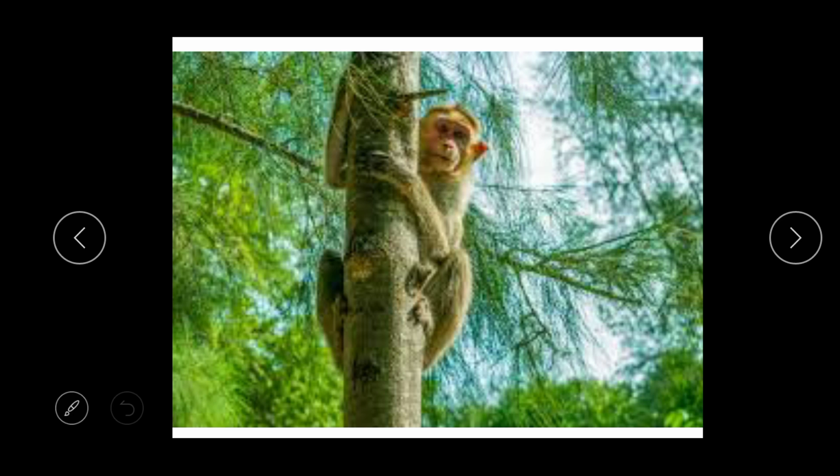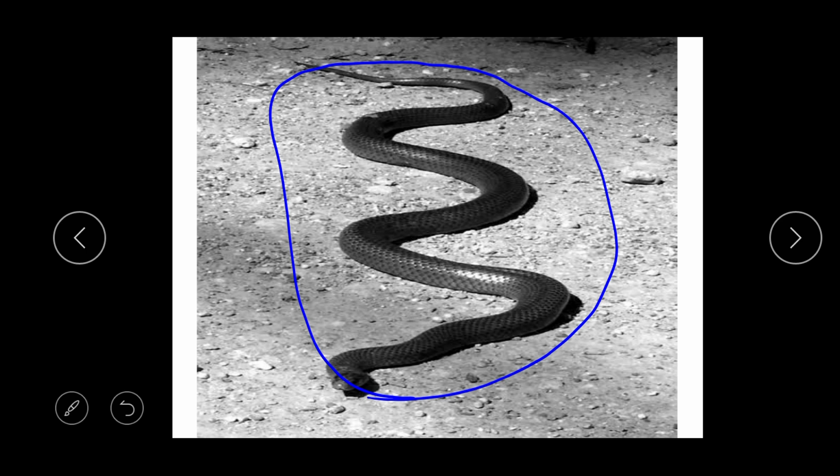To do a quick recap, we learned about animal movement. Animals can climb, for example monkeys, and when you climb, you go up or come down a surface. Animals can slither, moving on a surface without legs.